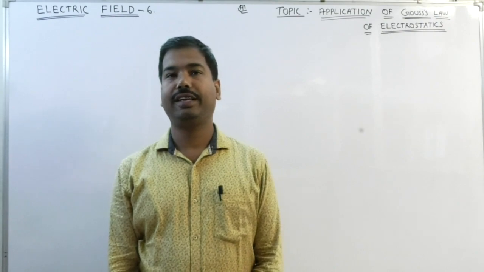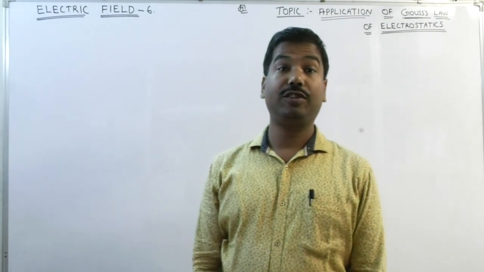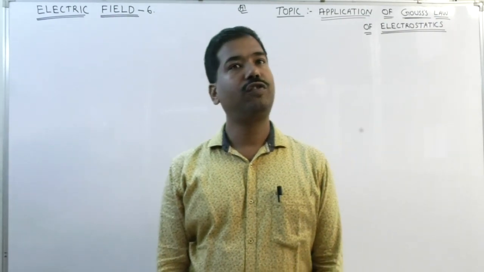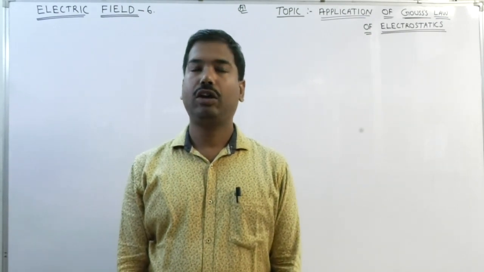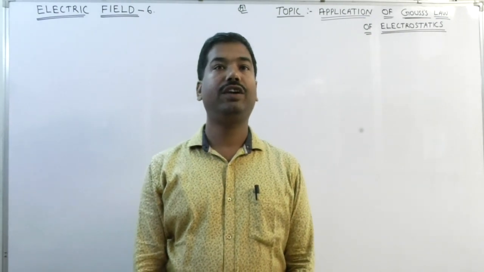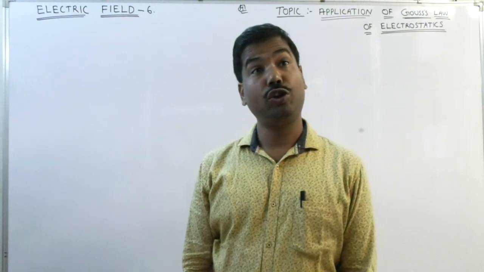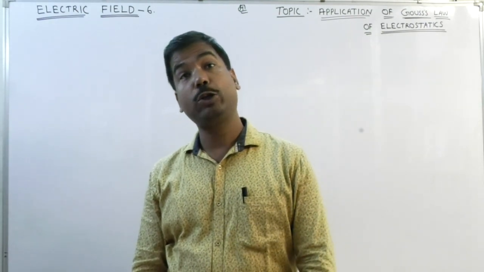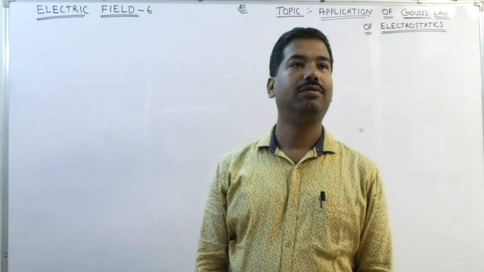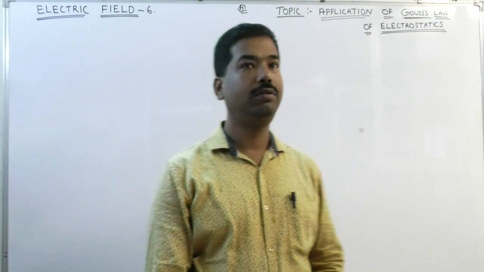Gauss law of electrostatics stated that for any charge distribution, the amount of electric flux linked across a closed surface in an electric field is equal to the ratio of the amount of charge enclosed in it to the permittivity of the medium.